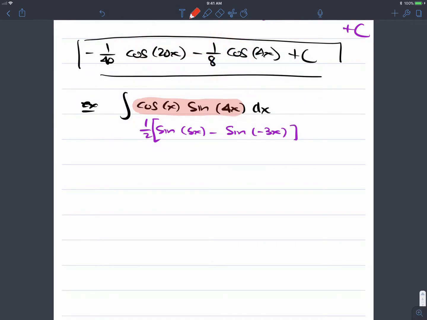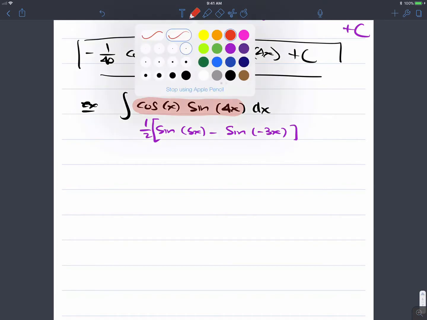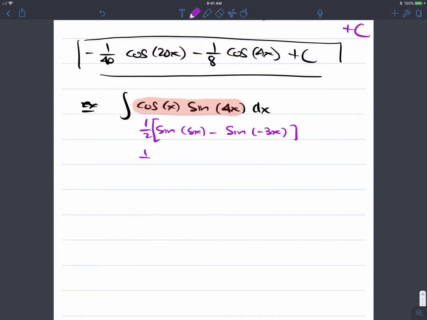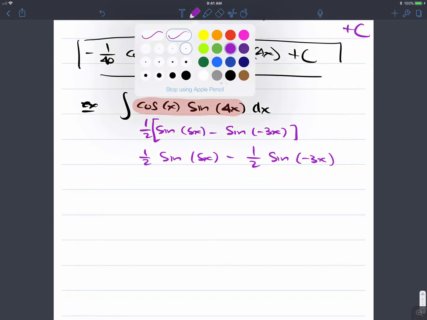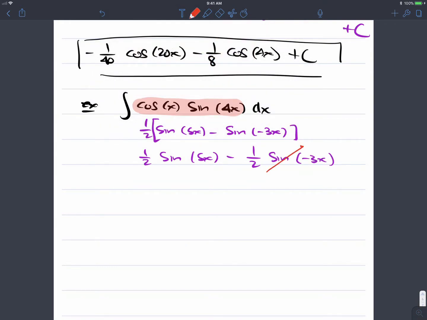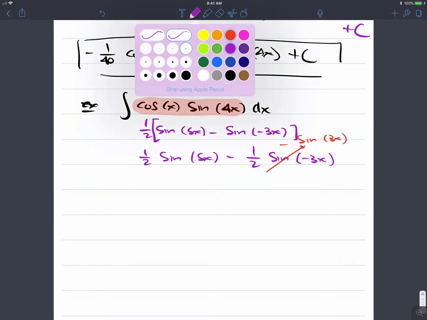And yet again, let's do a few things here. Let's distribute, and I will replace, well, what happens now? Let's take a look at this. 1/2 sine negative 3x gets replaced with minus sine of 3x.